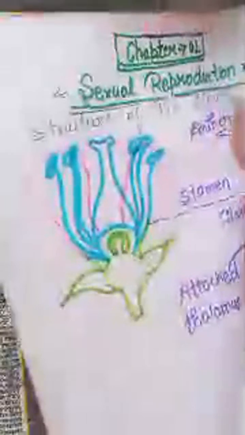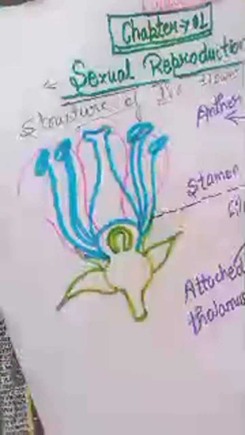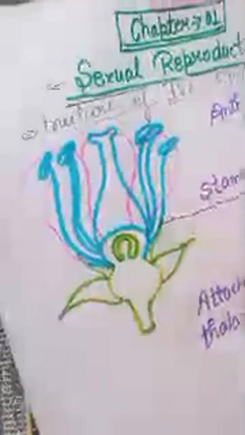Now I will talk about the structure of the flower. The floral axis bearing the floral organs is called the receptacle.